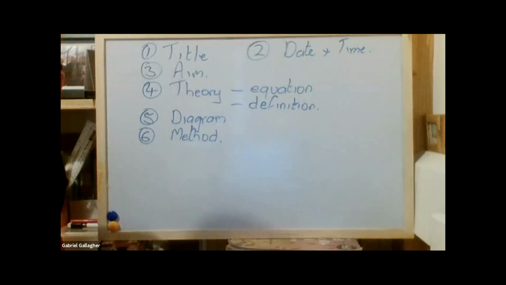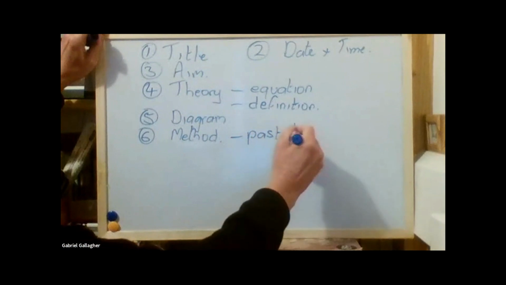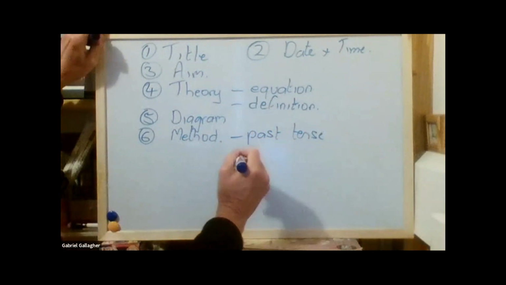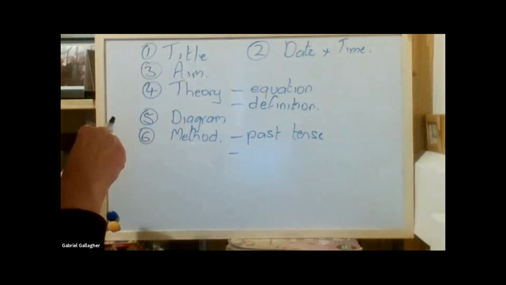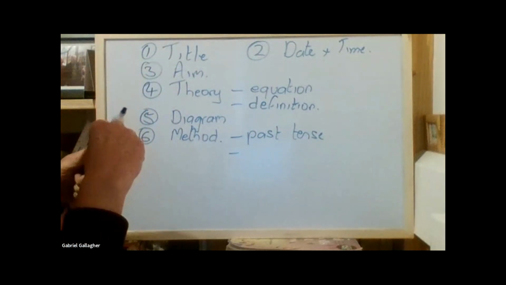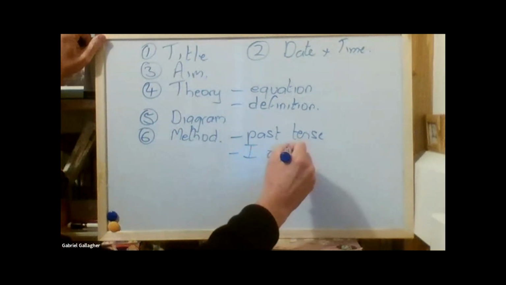Do not write that in for a method. A method is what was done. It's written in the past tense. And I'm not going to be a big stickler on this. If you've got somebody else as a demonstrator or lecturer, they may have different things, but try to avoid I or we.